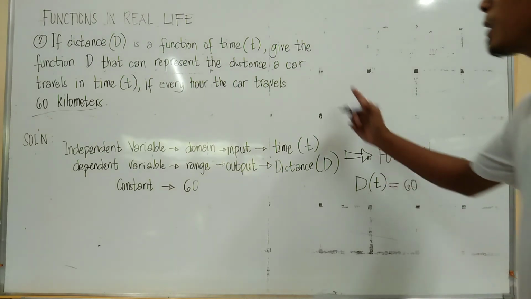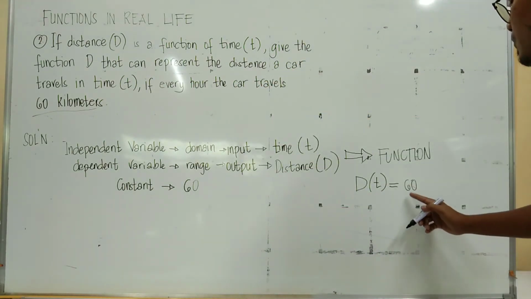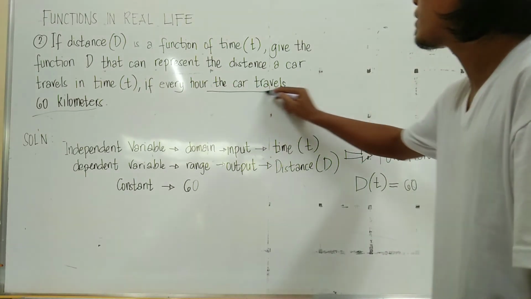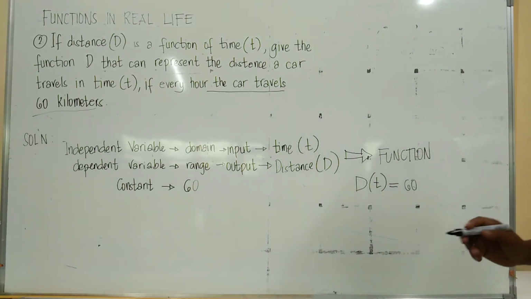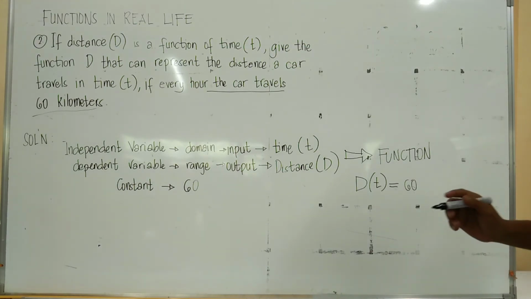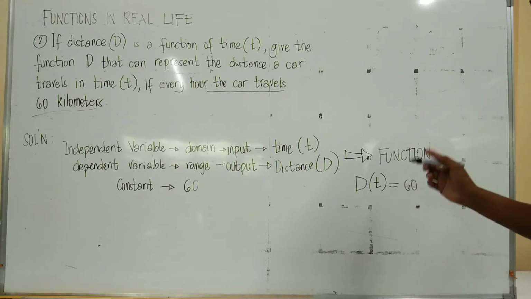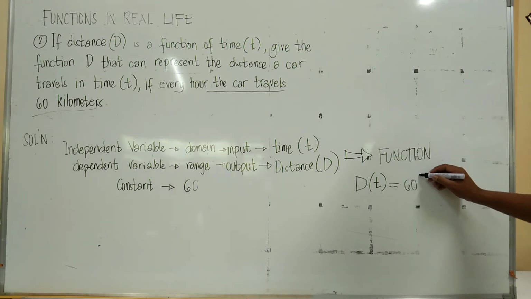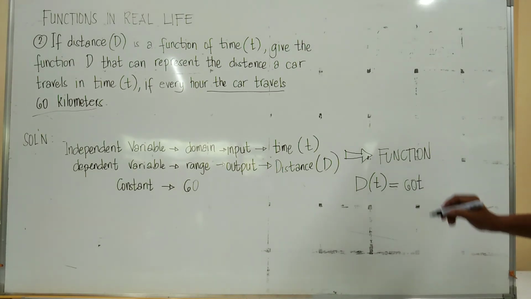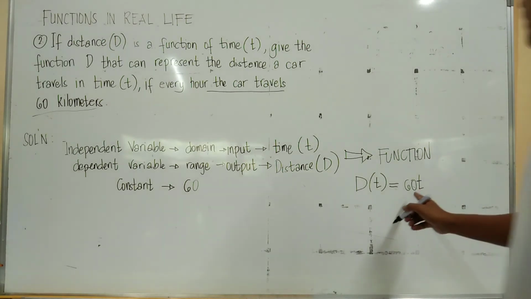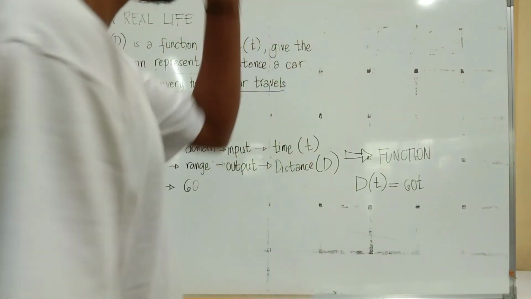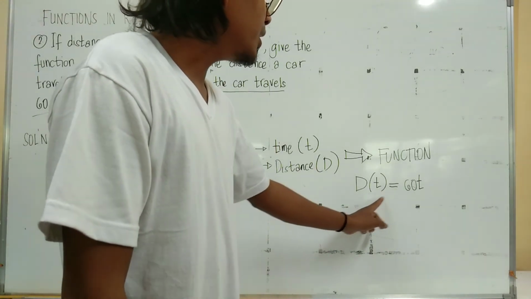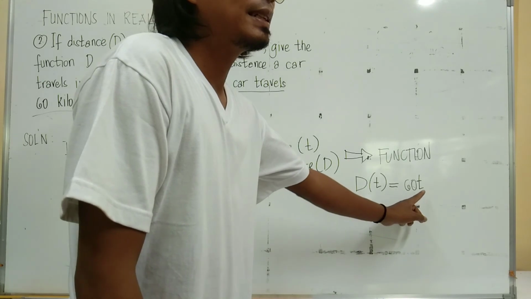Then, understanding the problem, we can say that in every hour the car travels 60 kilometers. If we have 1 hour, the car can travel 60 kilometers. So the operation here is multiplication. So you can read it as d of t is equal to 60t.